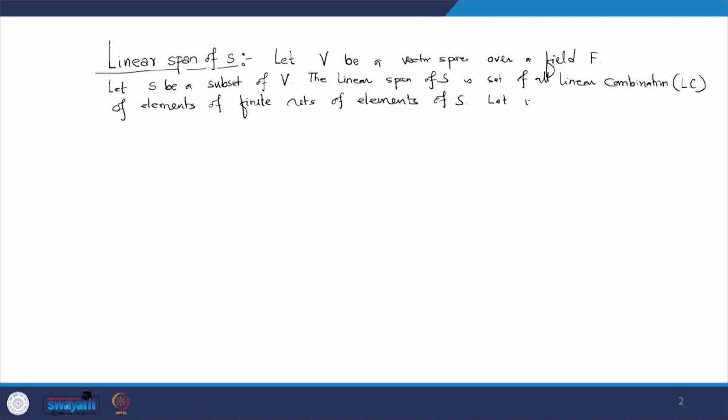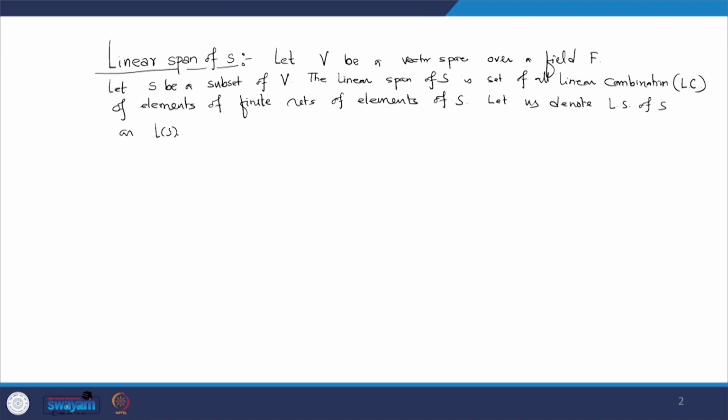Let us denote the linear span of capital S as LS.